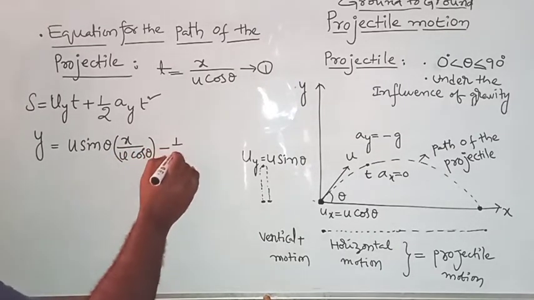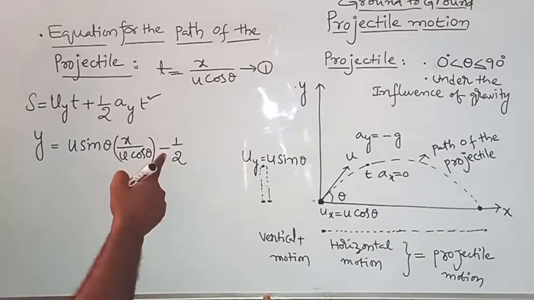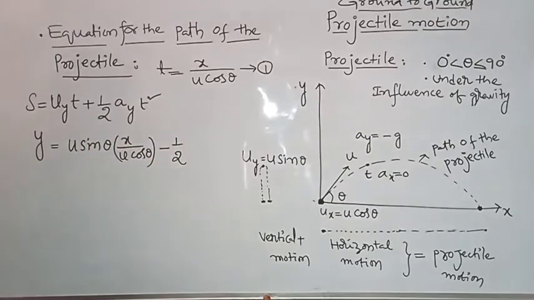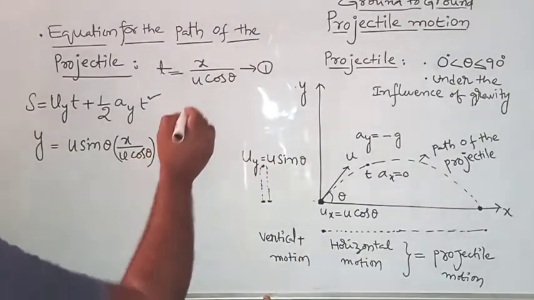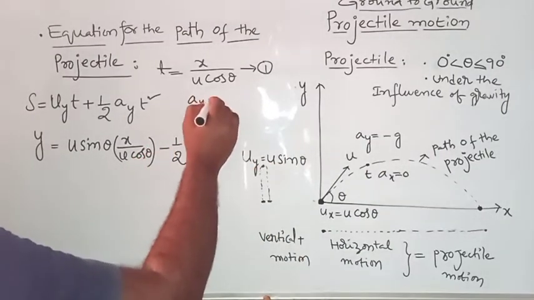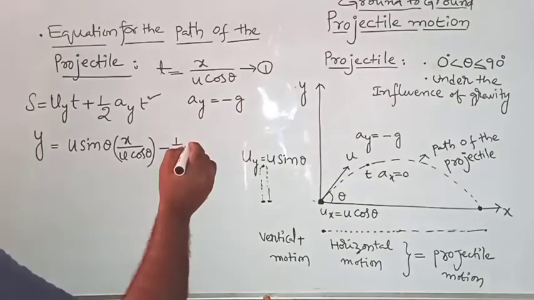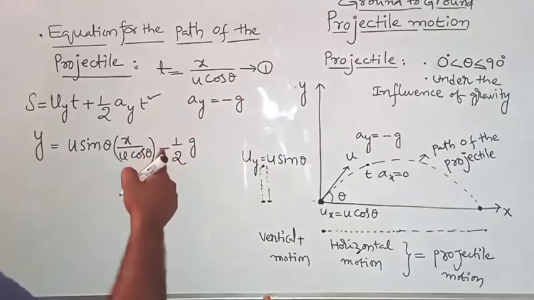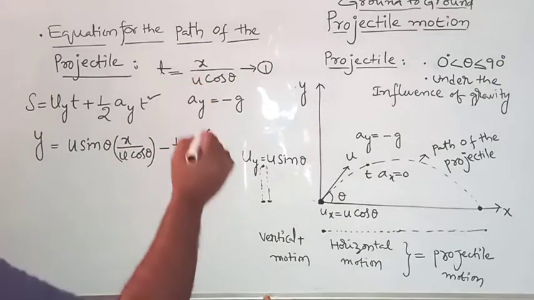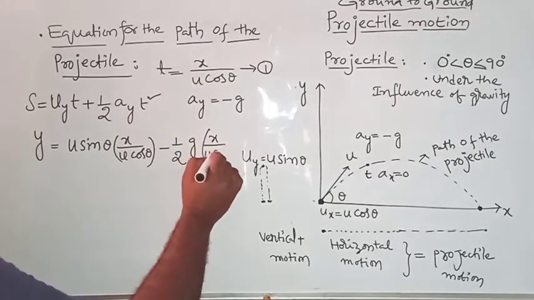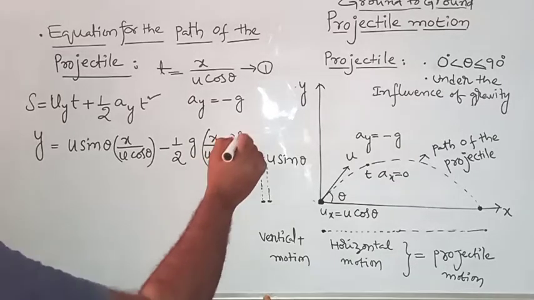Minus of, why I am taking negative sign means ay is minus g. You substitute here, minus into plus, minus will come, into t square, t value x upon u cos theta whole square.